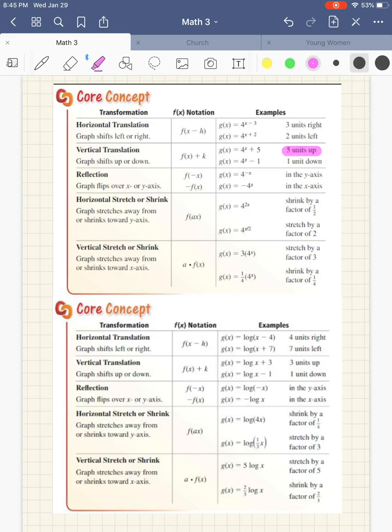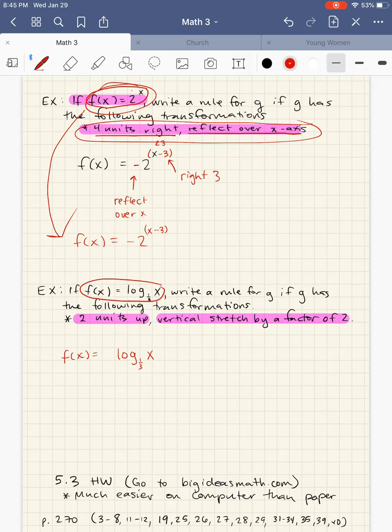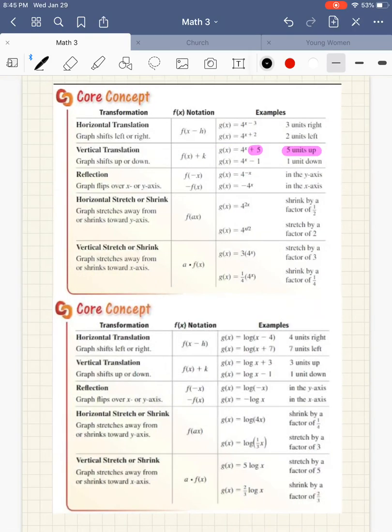Let's see. So up. It looks like we need to plus that number on the outside. So if I go back to my equation, I think the first thing I need to do is put a plus 5 at the end, because this is going to move it up 5. And then how do I do my vertical stretch by a factor of 2? Let's see. Vertical stretch, if we want to do it by a factor of 3, we put a 3 in front. So if I want to do a 2, then I'll put a 2 in front.